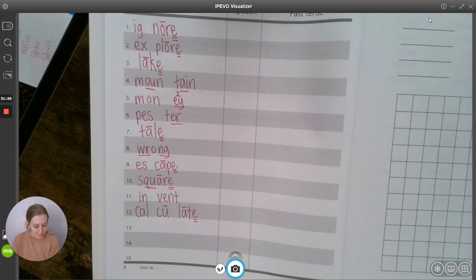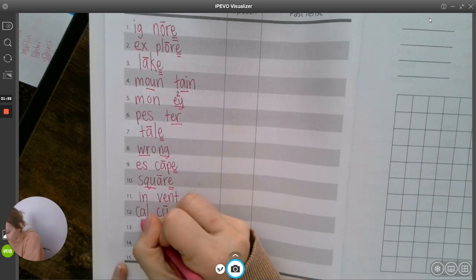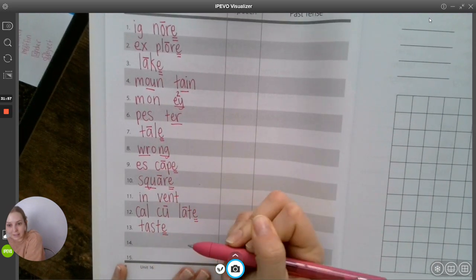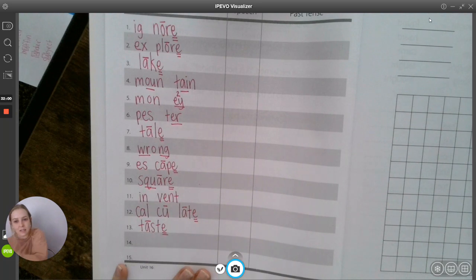Number 13, taste. Do you want to taste the cookie batter? I know I do. 1 syllable, so let's sound it out. T, A, S, T. Taste. Finger spell. T, A, use S, Z. T. Silent final E. Silent final E makes A say its long sound.